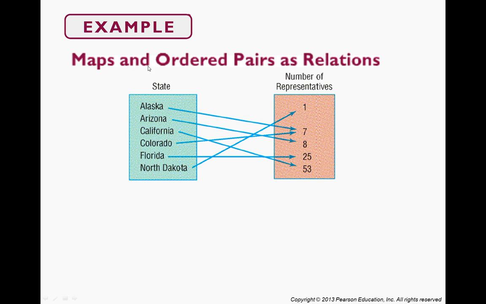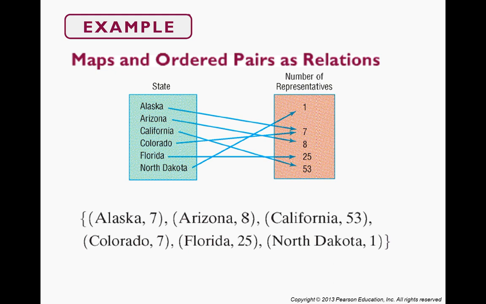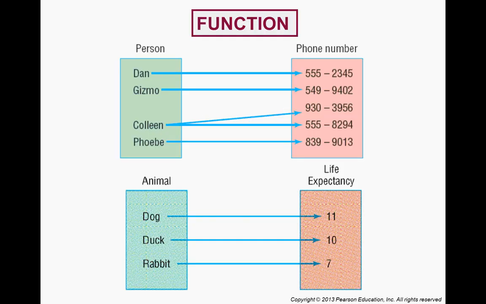So when you map it, you list your inputs on the left and you list your outputs on the right, and then you just arrow to the corresponding item. A function can have an input and a corresponding output.